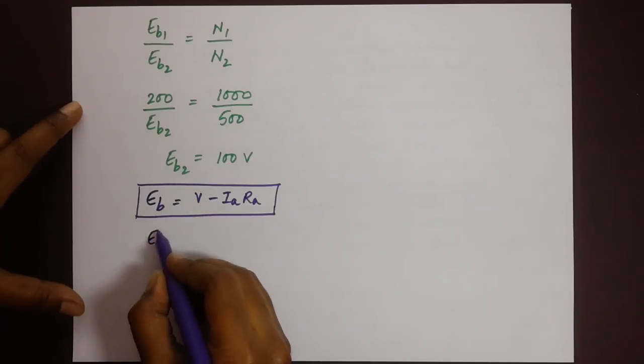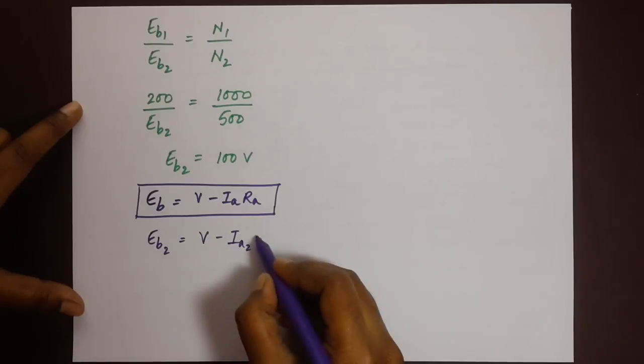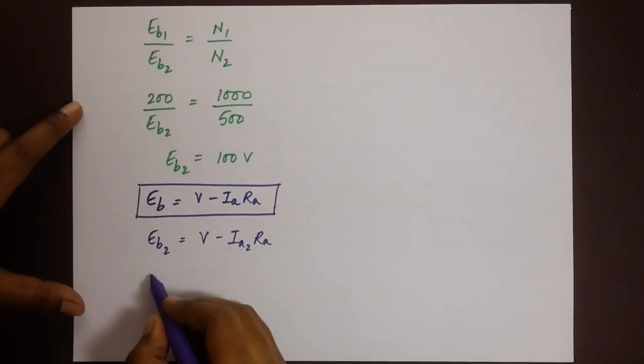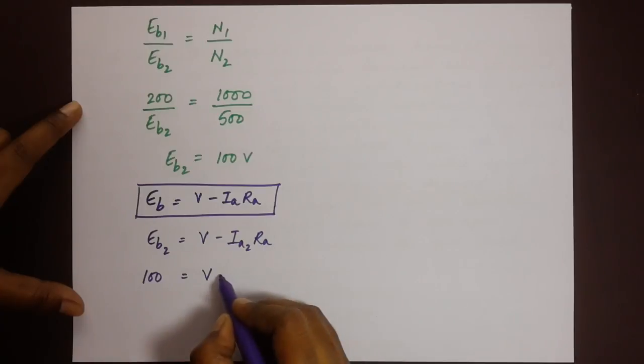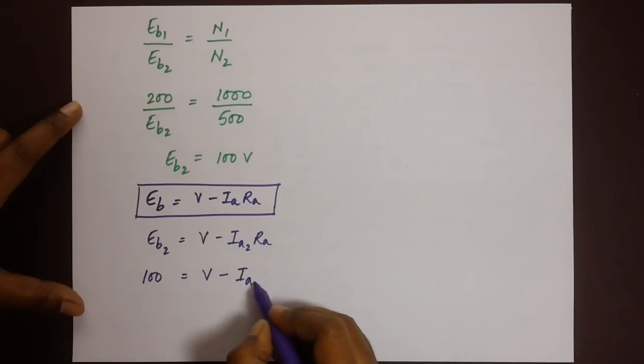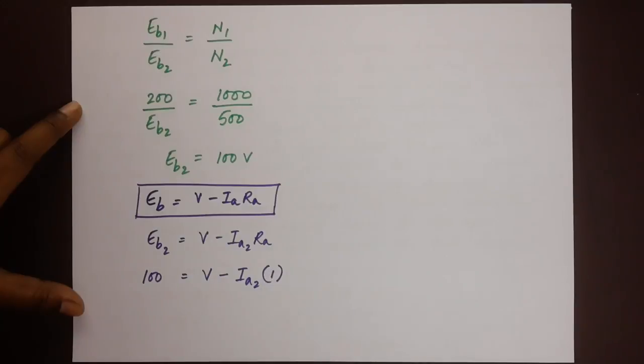So EB2 is equal to V minus IA2 RA. Let's substitute. We have 100 is equal to V, we don't know the value of the voltage, minus IA2. This is the armature current that we are supposed to find out at the speed of 500 rpm. RA is 1. So our equation becomes 100 is equal to V minus IA2. Let's call this equation 1.